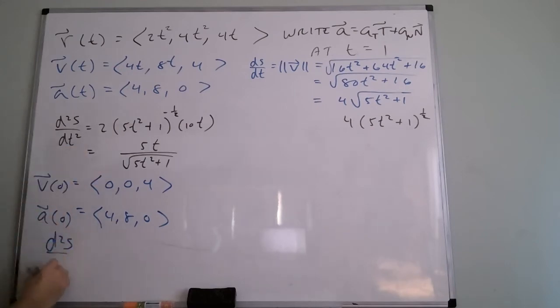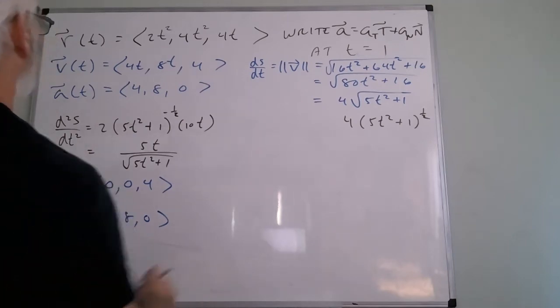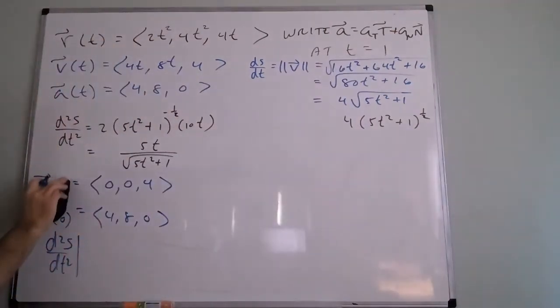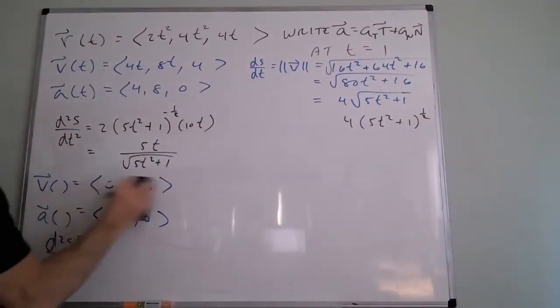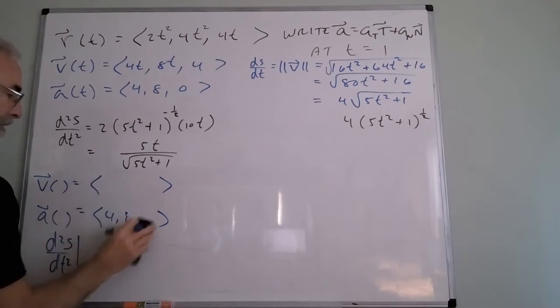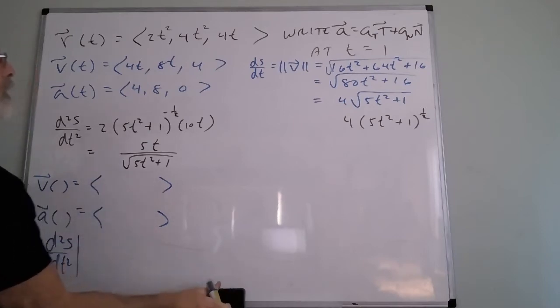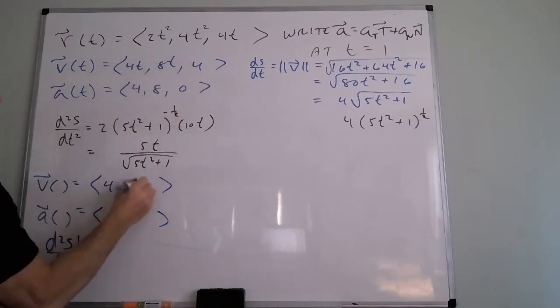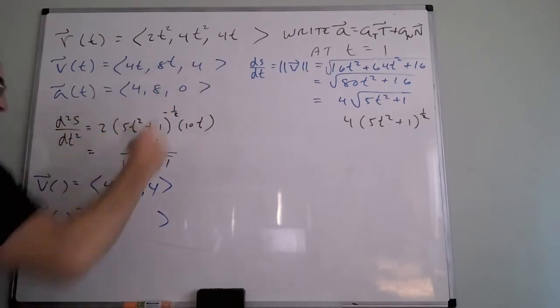Oh, I'm sorry. You know what? What am I doing? Not 0, 1. Oops, that would not have ended well. Sorry about that, folks, because we're standing too close to the board. At 1, v is 4, 8, 4. Let's try that one more time. And at 1, a is still 4, 8, 0.